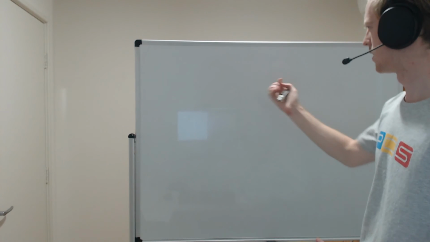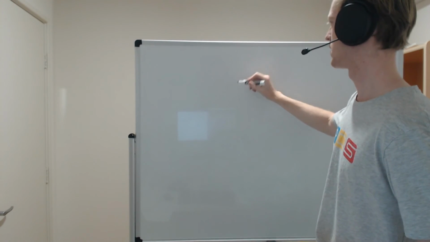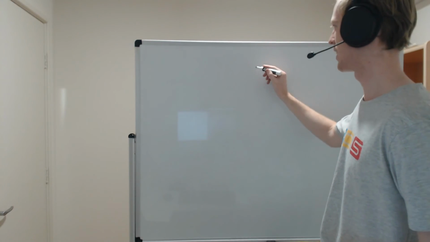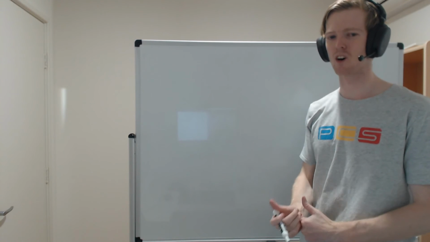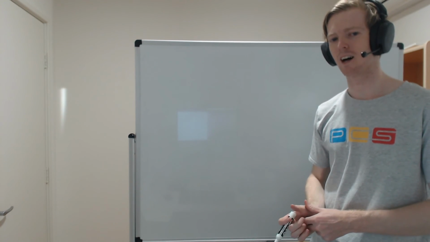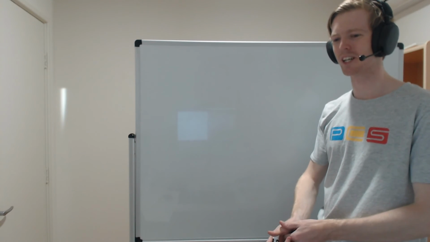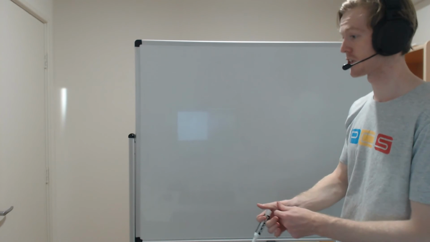So I'll draw a binary tree, a binary search tree in this case. All these traversals don't necessarily need to take place on binary search trees. They work for any binary tree, but particularly for in-order, it makes a lot more sense to view it as a binary search tree.